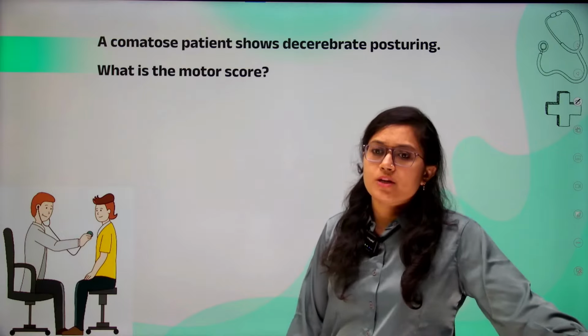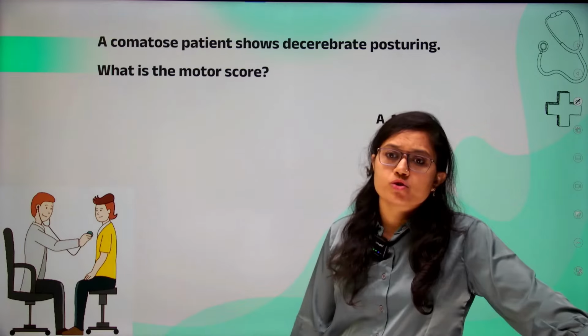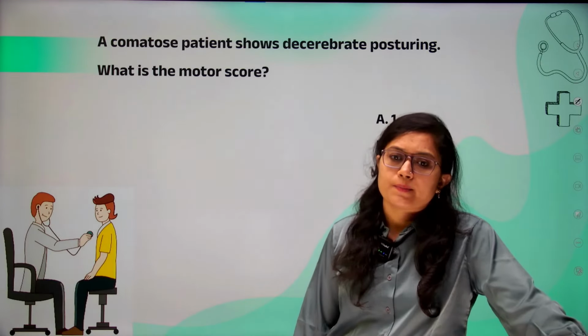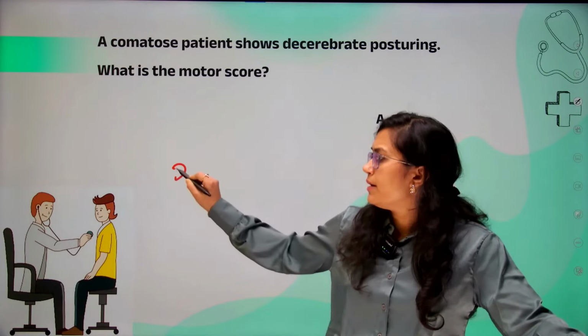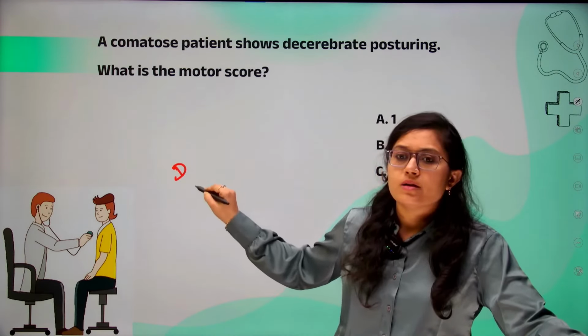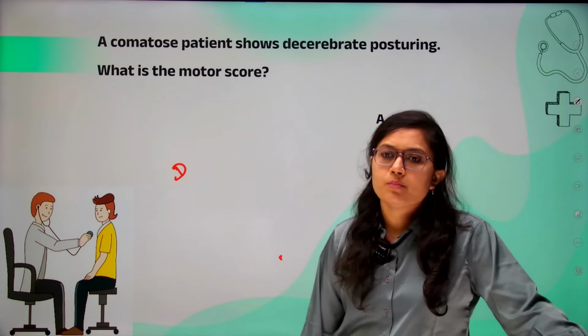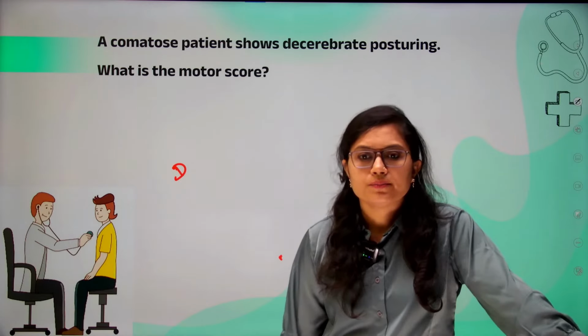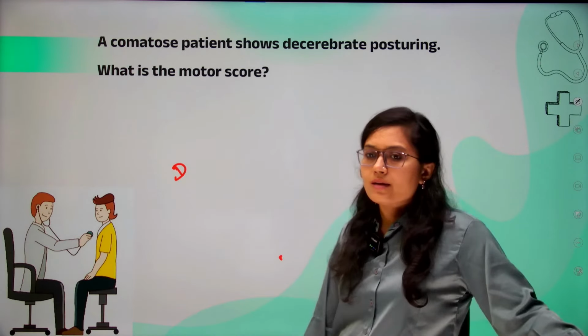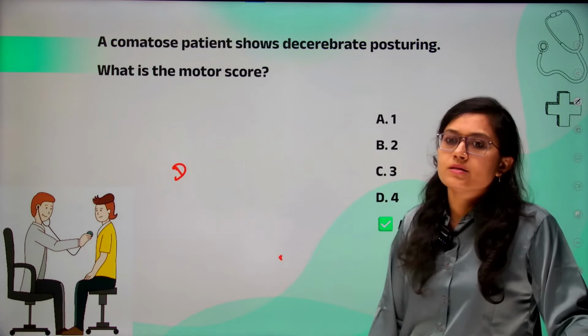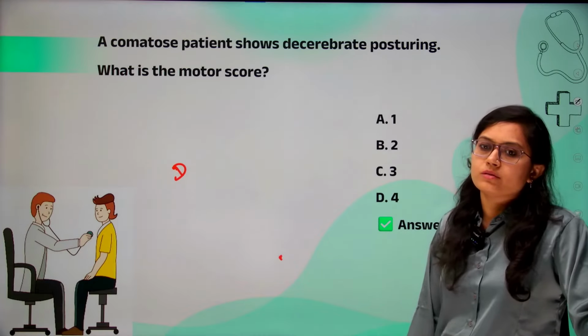A comatose patient shows decerebrate posturing. What is the motor score? I told you about decerebrate and decorticate. So the patient is having a decerebrate posturing. What would be the motor score? I am giving you the answers: 1, 2, 3 or 4.